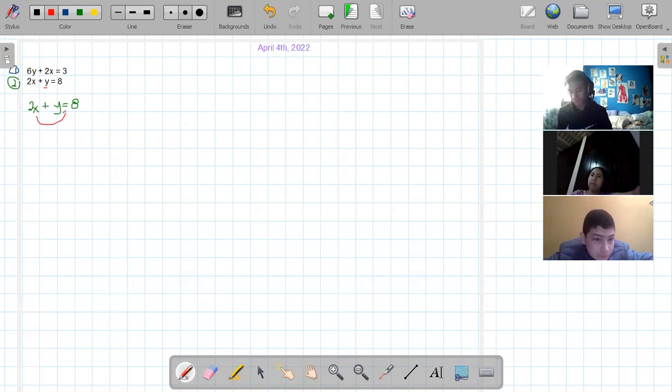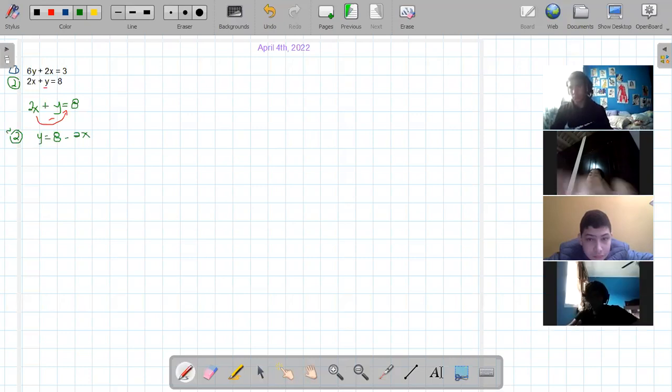So I'm passing this 2x to the other side with an inverse operation, which is a subtraction, and now I have y equals 8 minus 2x. This is my new equation 2, so I'm going to place an n in there for new equation 2.